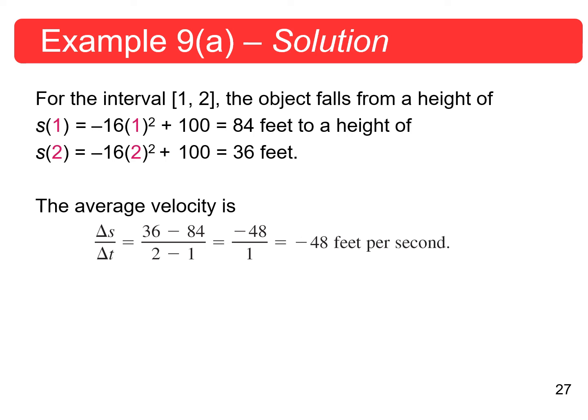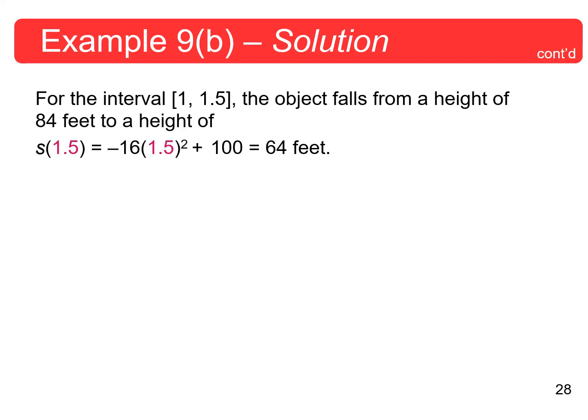That's the average velocity. Now for the interval 1 to 1.5, we know that the object falls from the height of 84 feet. We already calculated that previously. This is s of 1. Then we compute s of 1.5, which is equal to 64 feet.